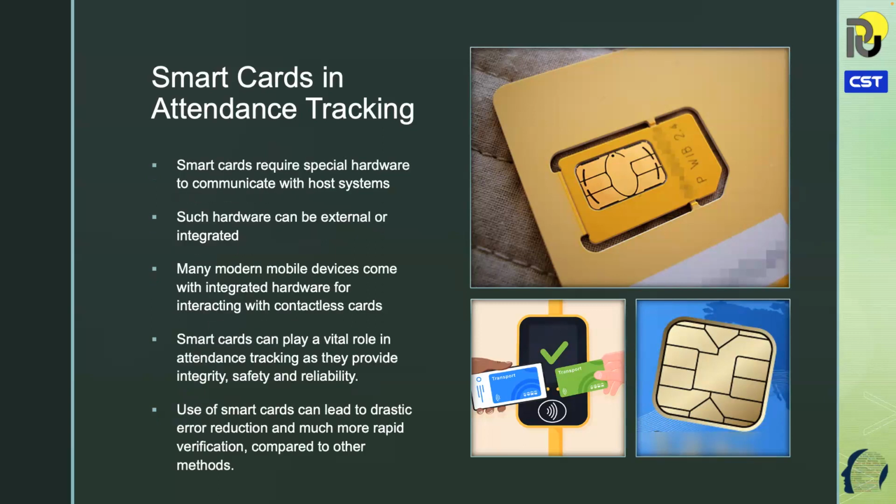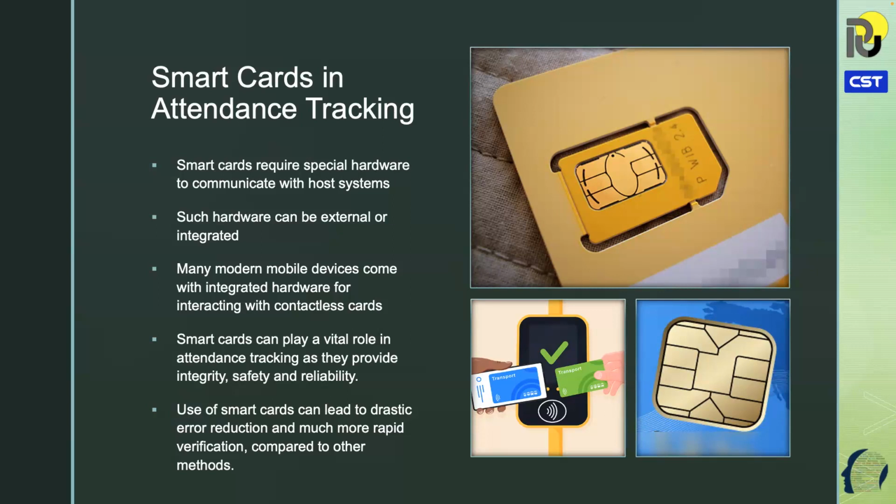Traditionally, smart cards do require special hardware, such as card readers, to communicate with the host systems. The hardware can be external or integrated in the system, but many modern mobile devices, such as smartphones, do come with integrated hardware for interacting with contactless cards. Why am I talking about smart cards?